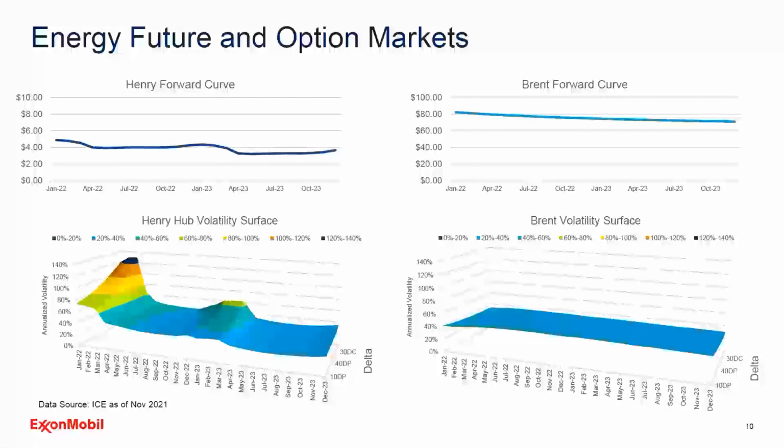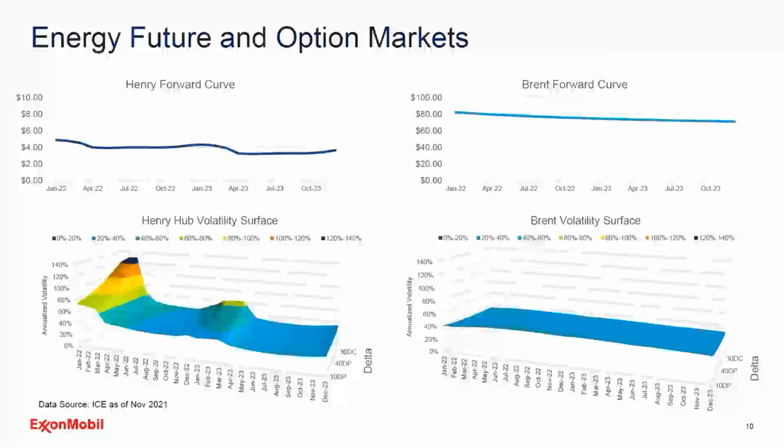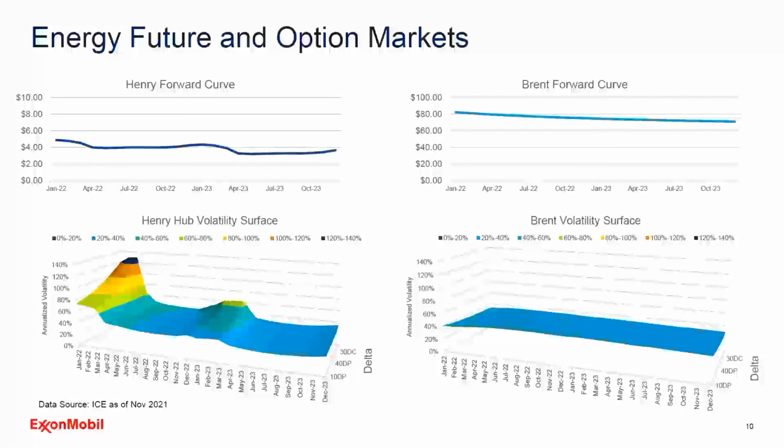You can see, for example, that Henry Hub, the natural gas, has some seasonality for both the forward curve and the vol surface. Usually during winter time, the price is higher and the volatility is higher, simply because people don't know how cold the winter could be.